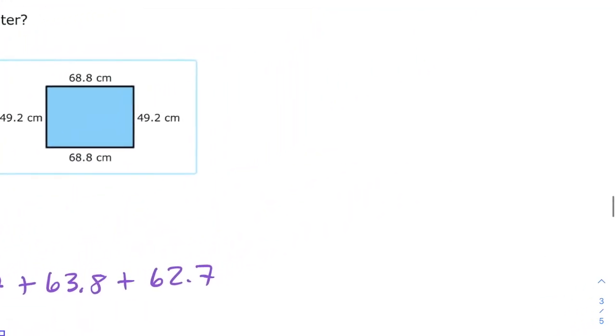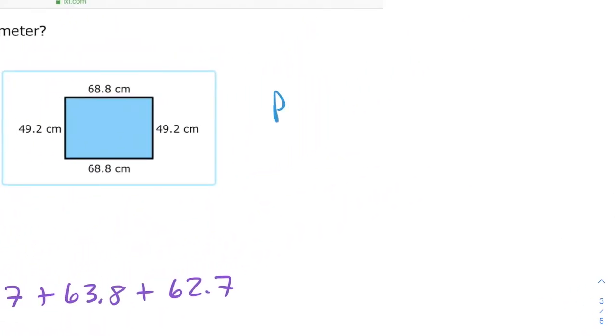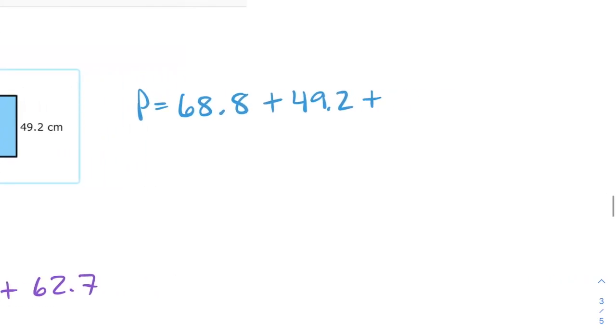And then this other one, perimeter is equal to 68.8 plus 49.2 plus 68.8 plus 49.2.